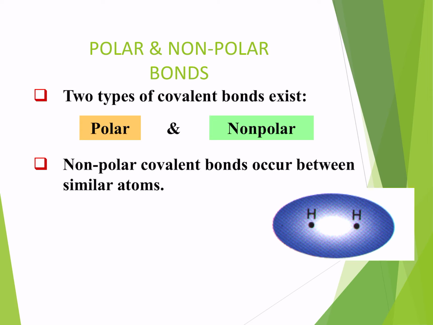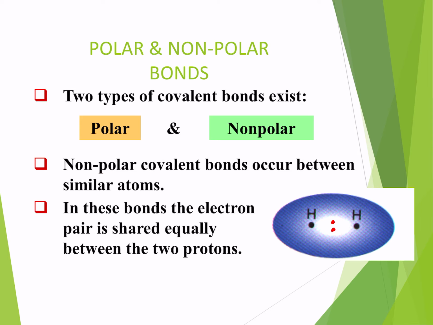You can think of the electrons that are shared in that bond as just sitting right smack in the middle. They're not closer to one hydrogen or the other. They're being shared equally between those two hydrogens. So there you go. The electrons are shared equally between the two protons.